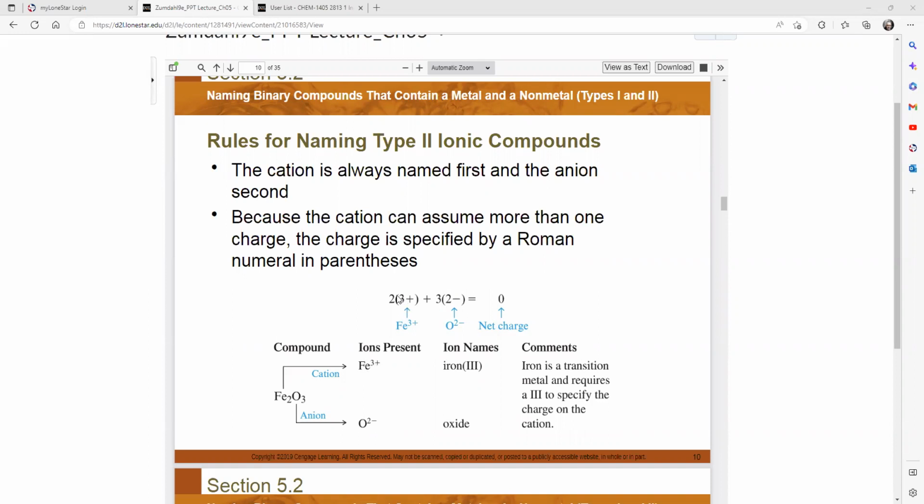This way, you will have 2 cations, 2 times 3 is 6 plus, and 3 anions, 3 times 2 negative is negative 6. 6 positive and 6 negative is equal to 0. Then the net charge of the compound is 0.